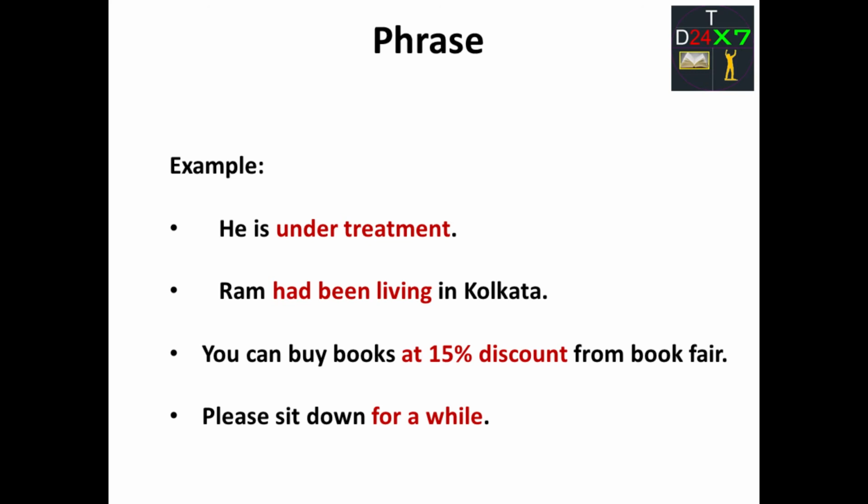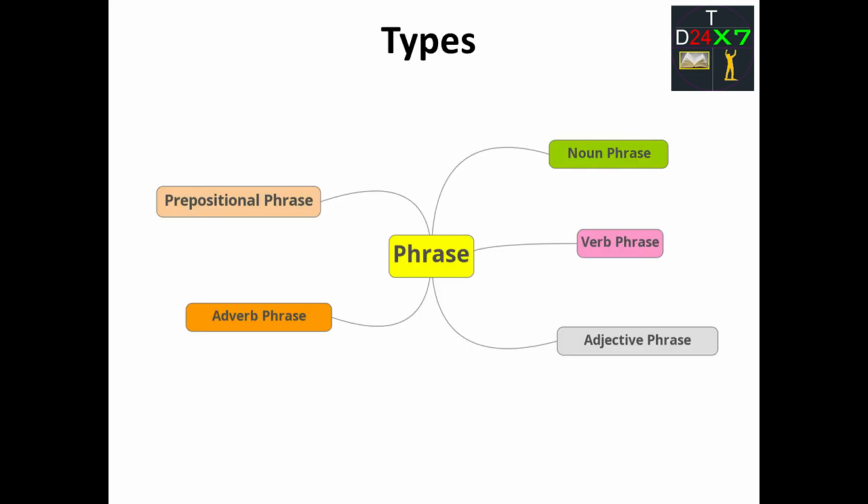Here, for a while is a phrase. Friends, can you tell me how many types of phrases there are? There are 5 types of phrases: noun phrase, verb phrase, adjective phrase, prepositional phrase, adverb phrase.